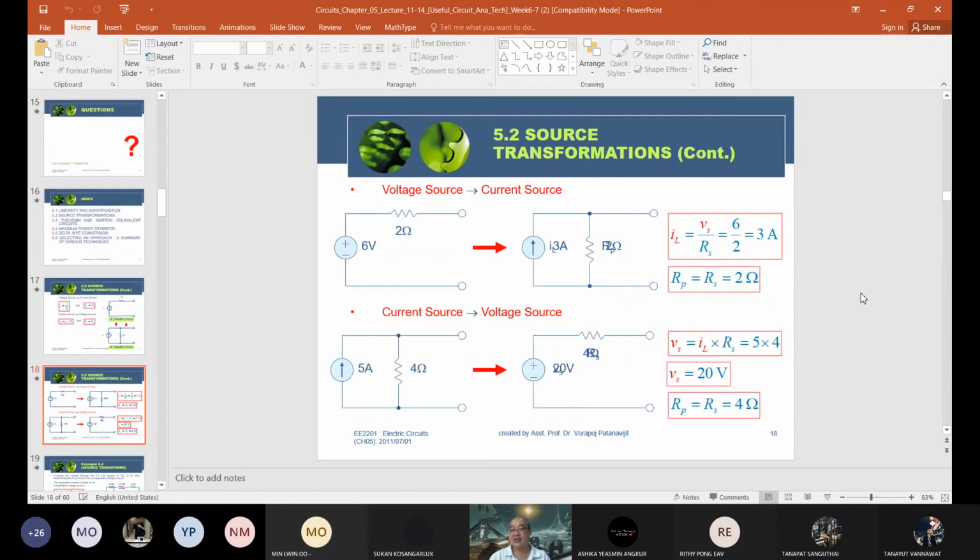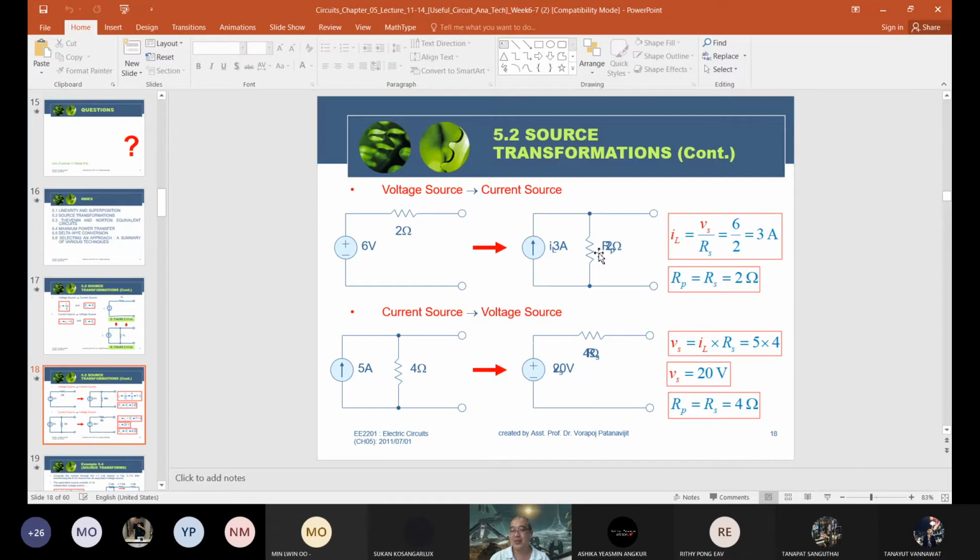Next step is to teach you about the source transform. The source transform means if you have a voltage source in series with a resistor, remember that it is series, not parallel. If it is in parallel, you cannot transform it. If you have a voltage source in series with a resistor, you can change it to a current source in parallel with the resistor. And if you have a current source in parallel with a resistor, you can convert it to a voltage source in series with the resistor instead.